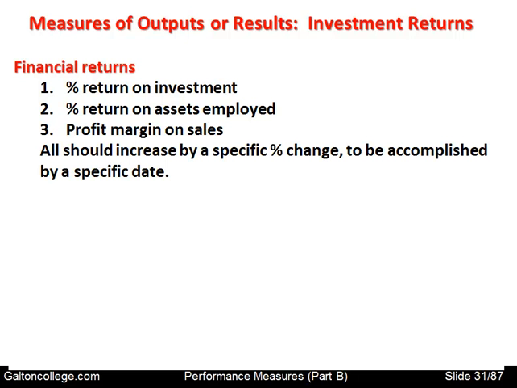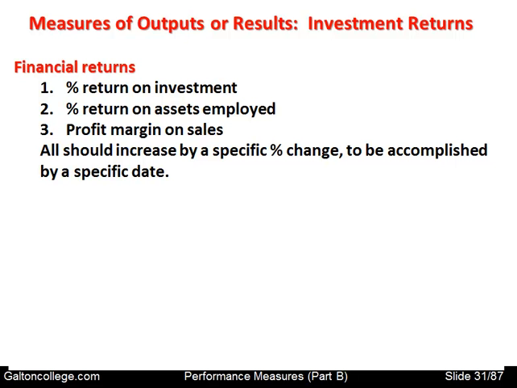All should increase by some specific percentage change and to be accomplished by a specific date. So it's important when looking at the output of the business and trying to measure the output and, if you like, the efficiency of the output of the business, looking at some sort of benchmark, saying the company wants, let's say, a 5% return or 5% change, positive change in certain measures, and it needs to be achieved by the end of the month or the end of the year.